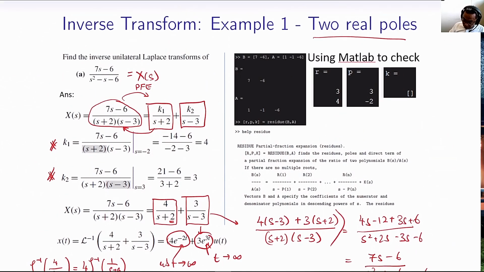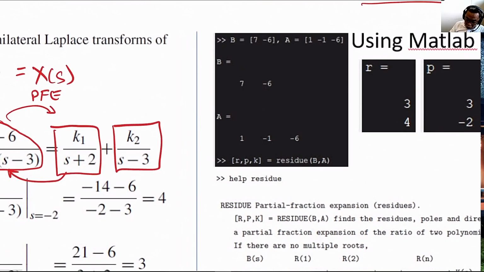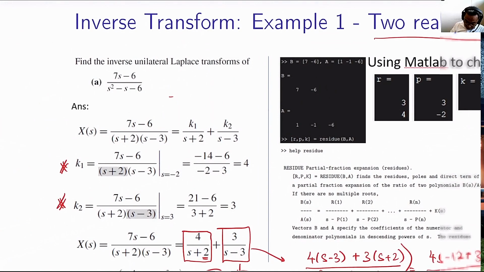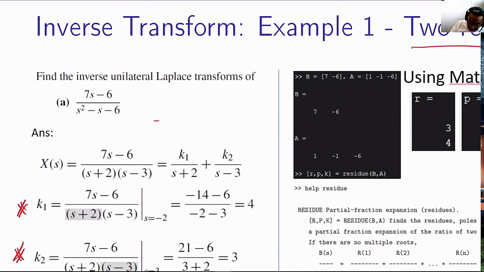Now, how to do partial fractions using MATLAB? This is trivial. What you do is this. Get this numerator and just put the coefficients down: 7 and minus 6.